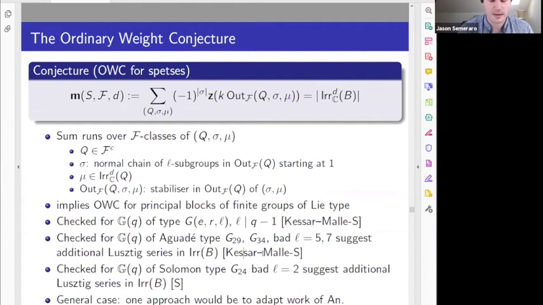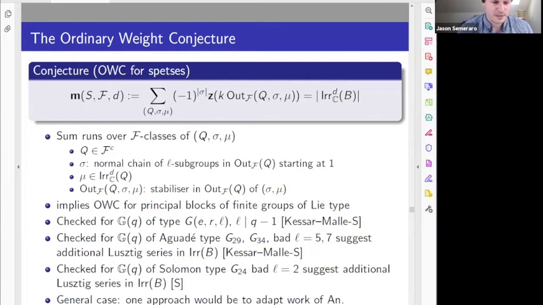These groups are actually bad for the primes 5 and 7 respectively. And what happens is that we recover some additional Lusztig series in the set of irreducible characters of B that need to be involved to make this equality true.